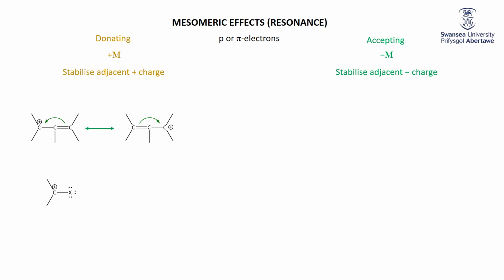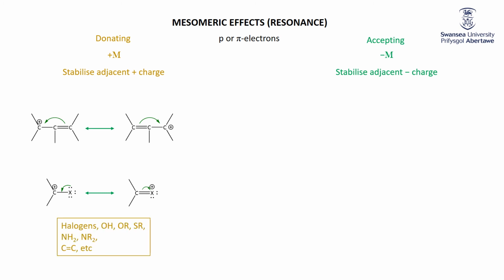Well, that atom with the lone pairs can use its electrons, it can donate its electrons, it can have a positive mesomeric effect to stabilize the charge like so, put 2 electrons into the bond. Now that carbon doesn't have a positive charge anymore. That positive charge is over on the atom that had lone pairs. Okay, so 2 ways in which we can think about a positive mesomeric effect stabilizing a positive charge: using pi electrons or using p electrons from a lone pair.